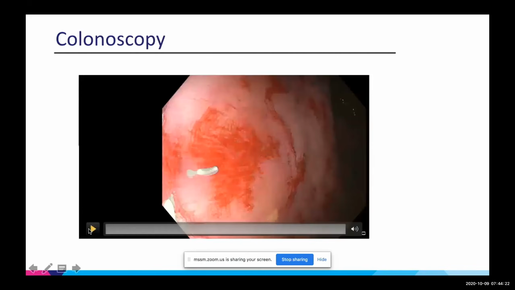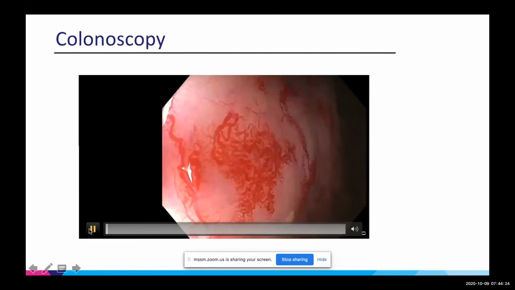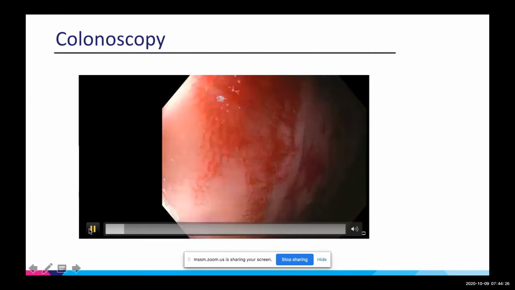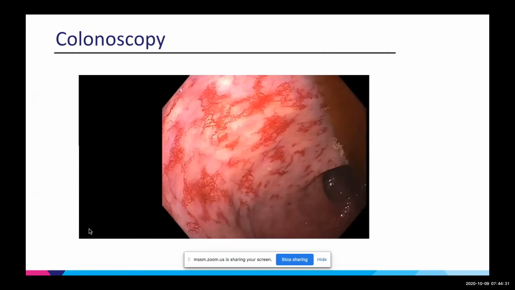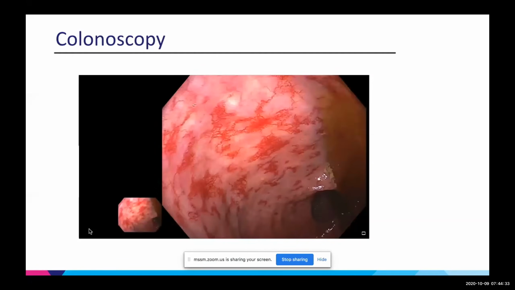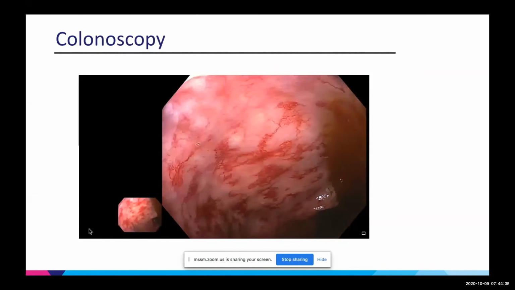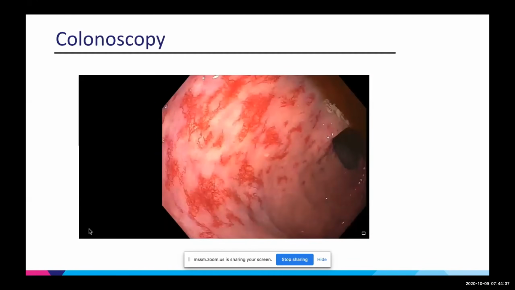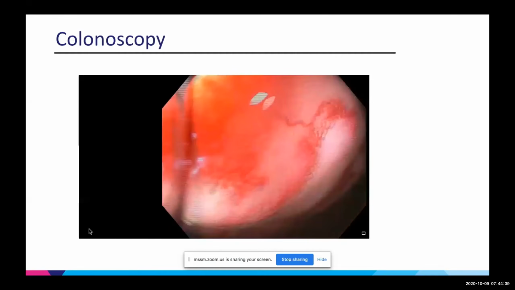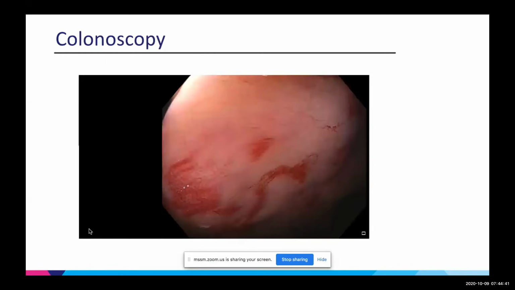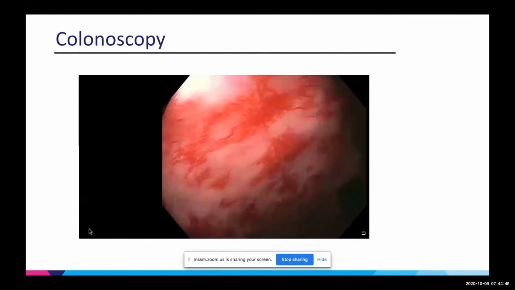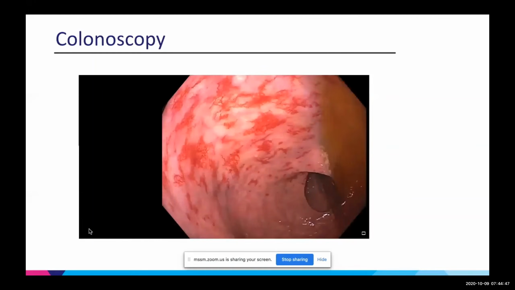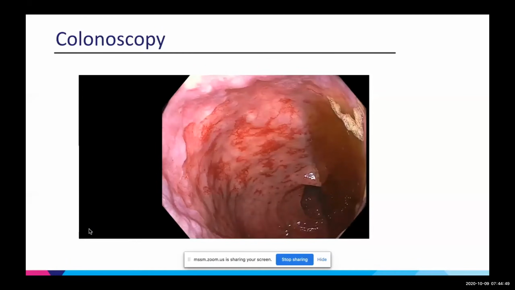We then performed a colonoscopy, and the rectal mucosa was notable for this pale, friable, edematous appearance, as well as these distinct telangiectasias, which can be multiple, large, and serpiginous, consistent with mucosal features induced by radiation injury. In certain cases, strictures, ulcerations, fistulas, and areas of mucosal hemorrhage can also develop in the rectum.